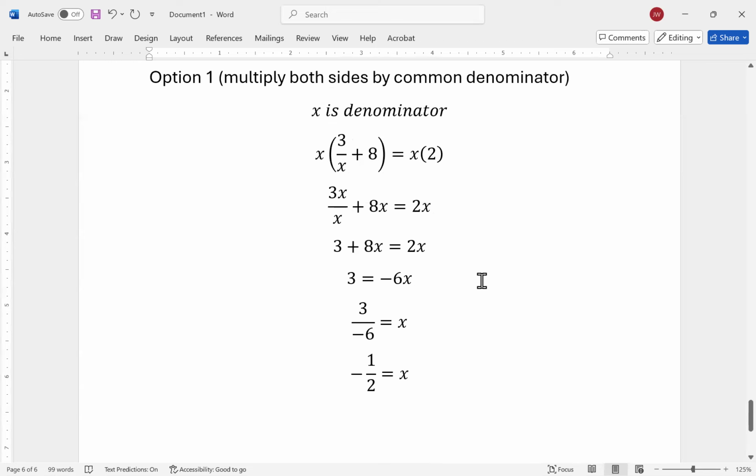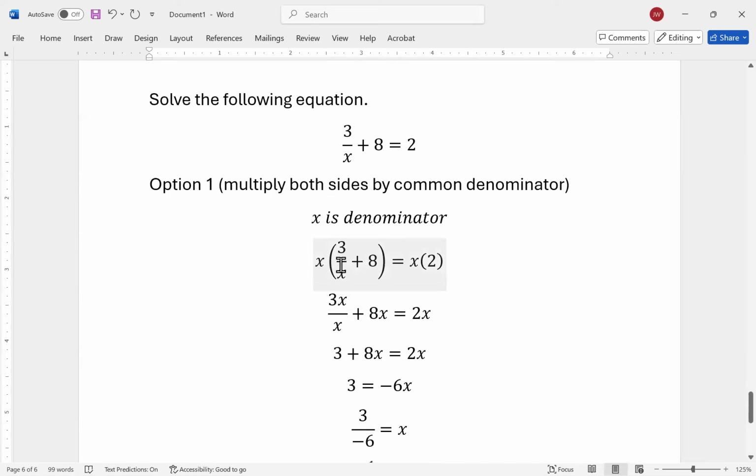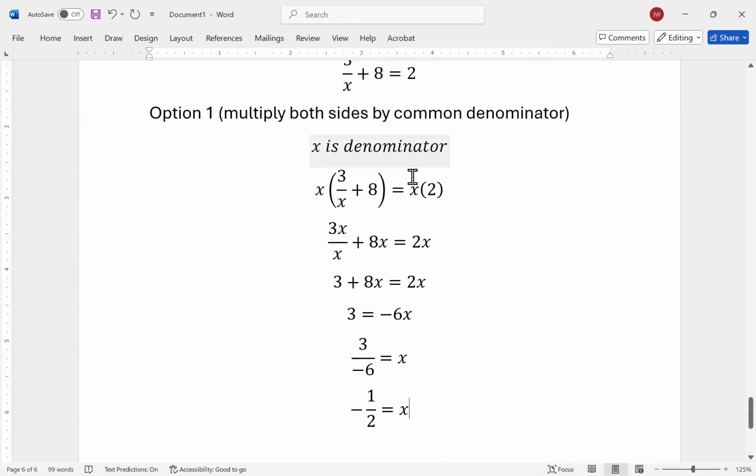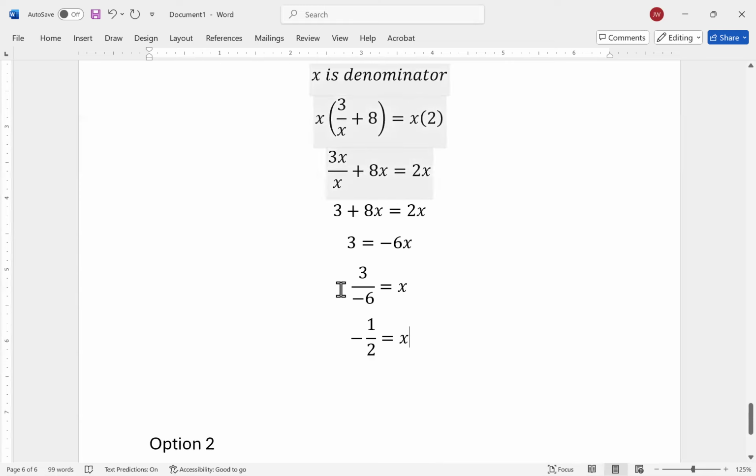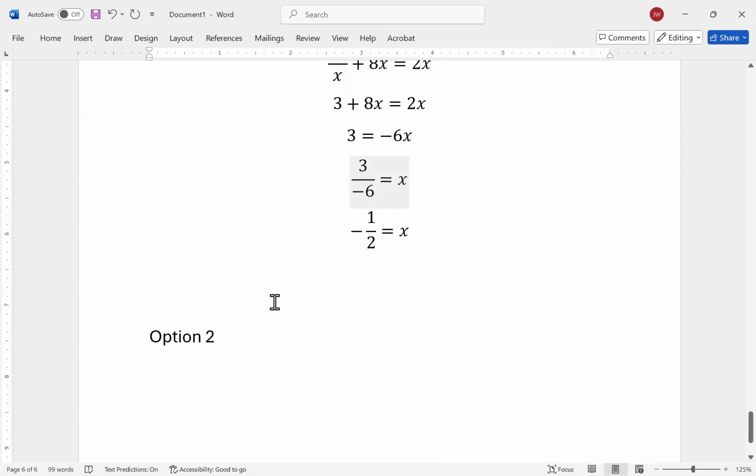Now, as far as option 2 goes, option 1 was multiply both sides by common denominator. Option 2 is going to be rewrite until we get fraction equal to a fraction, and then we'll cross multiply. So we're going to rewrite and then cross multiply. So that's what I'm calling option 2.